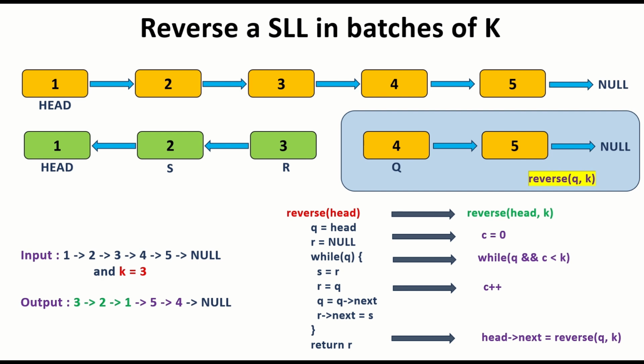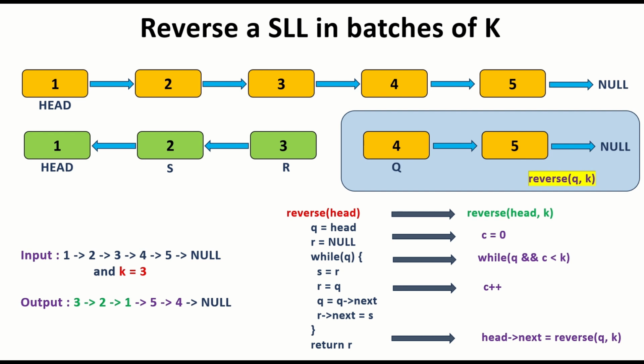So now we have solved both these questions, like the first subproblem on the left and the second subproblem on the right. One thing that is missing is we will always return R as the new head of the entire linked list, but we have to join these two results. So how can that join happen? Just take quick 30 seconds and you will know what you need to do.